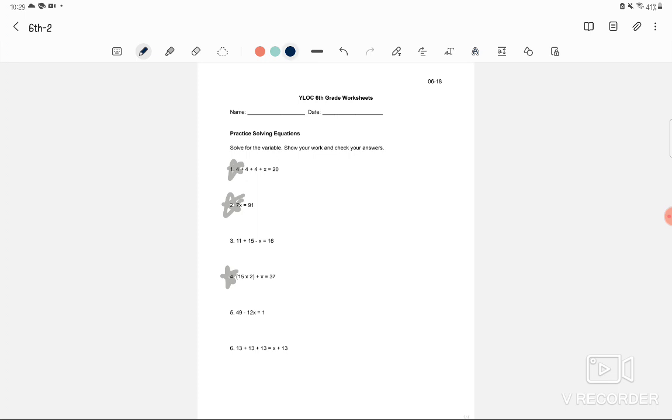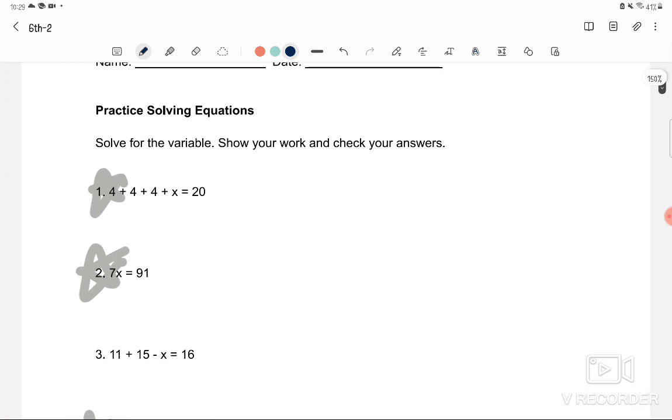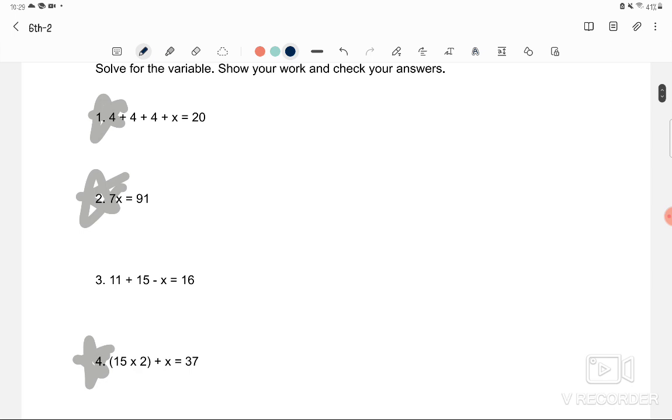So, let's go over number 1 first. This is practicing solving equations, and like I said before, an equation contains an equal sign. So, let's do number 1. There's 3 4s, right? Which means it's 4 plus 4 plus 4, which can also mean 4 times 3, right?